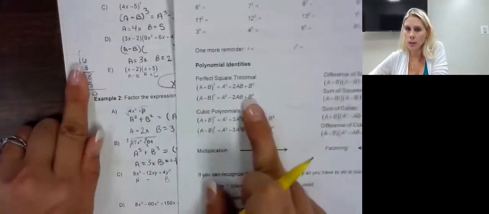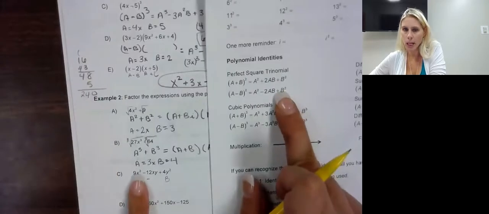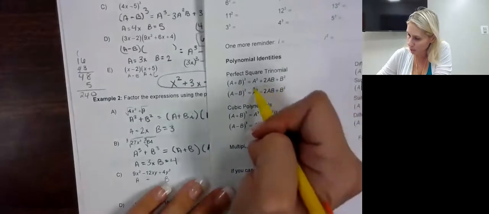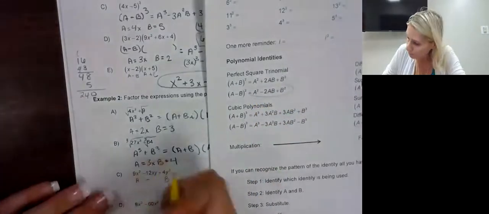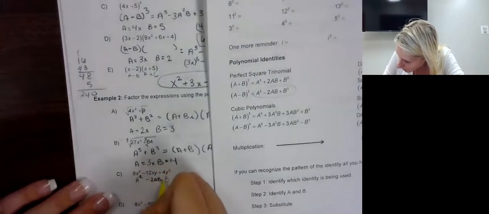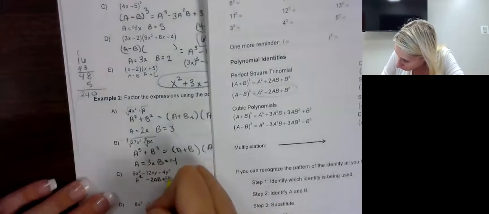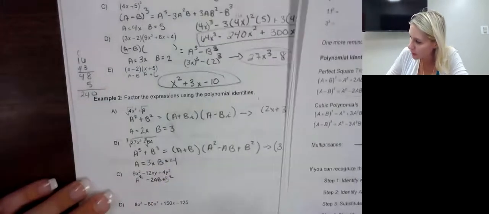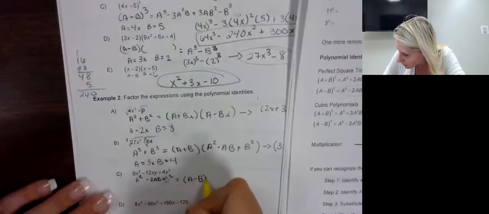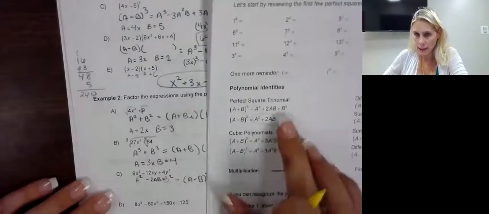Now, the other thing I want you to notice is that this goes positive, negative, positive. So positive, negative, positive would be this one right here. So we have A squared minus 2AB plus B squared, right? And that should end up as A minus B squared, right? According to the identity right there.